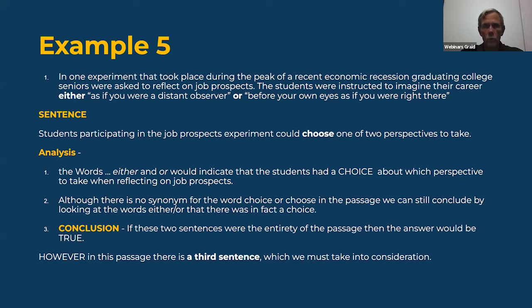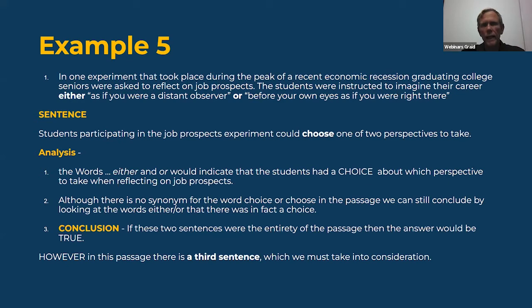Now, although there's no synonym for the word choice or choose in the passage, no mention of any word that means choose or choice, we can still conclude by looking at the words either or and understanding the ordinary meaning of those words that there was, in fact, a choice.